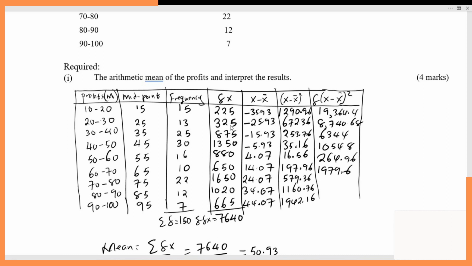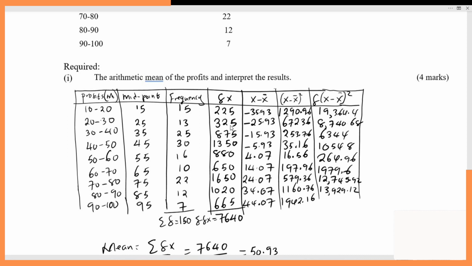579.36 multiplied by 22 gives me 12,745.92. 1160.76 times 12 gives me 13,929.12.